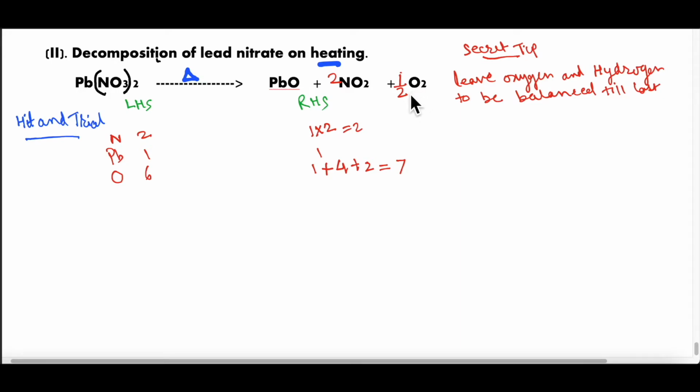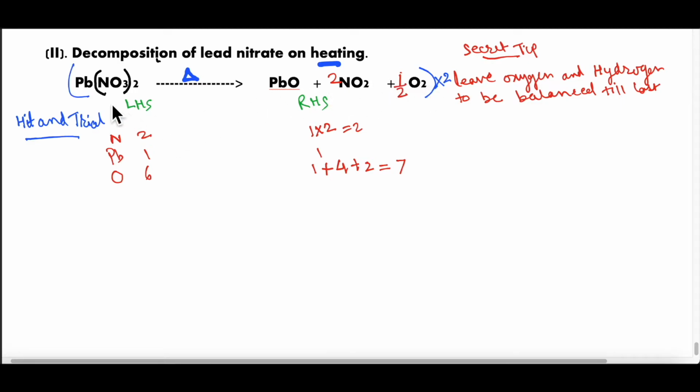So what we will do, we will multiply both sides of this whole chemical equation by 2, so that the 2 on the denominator and the 2 on the numerator get cancelled, and it will be one molecule of oxygen.